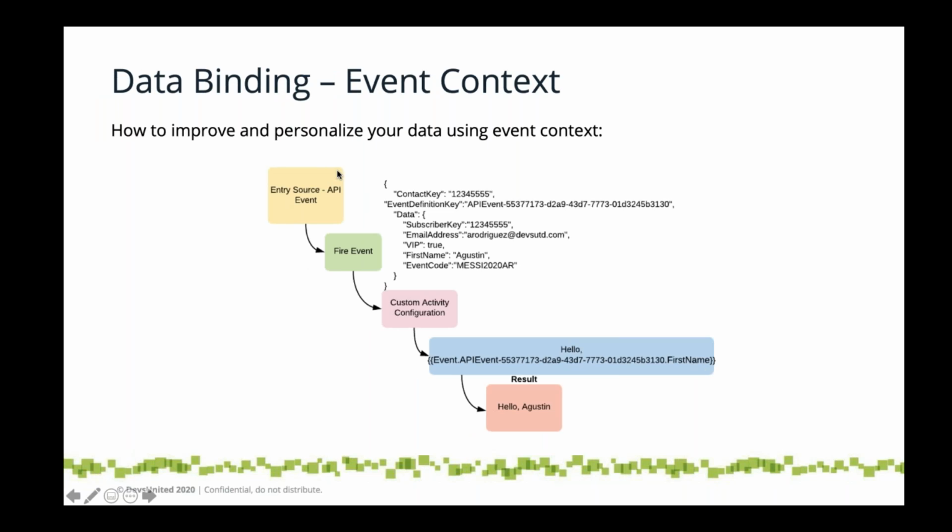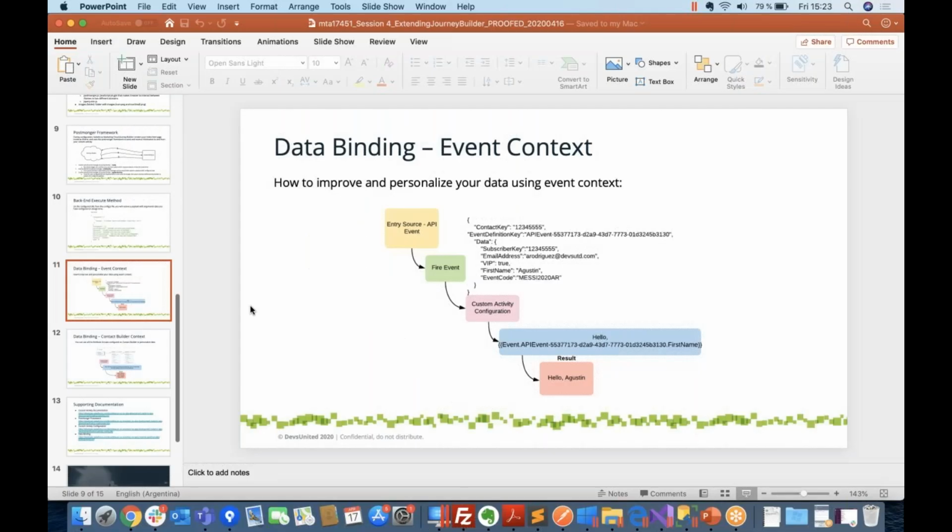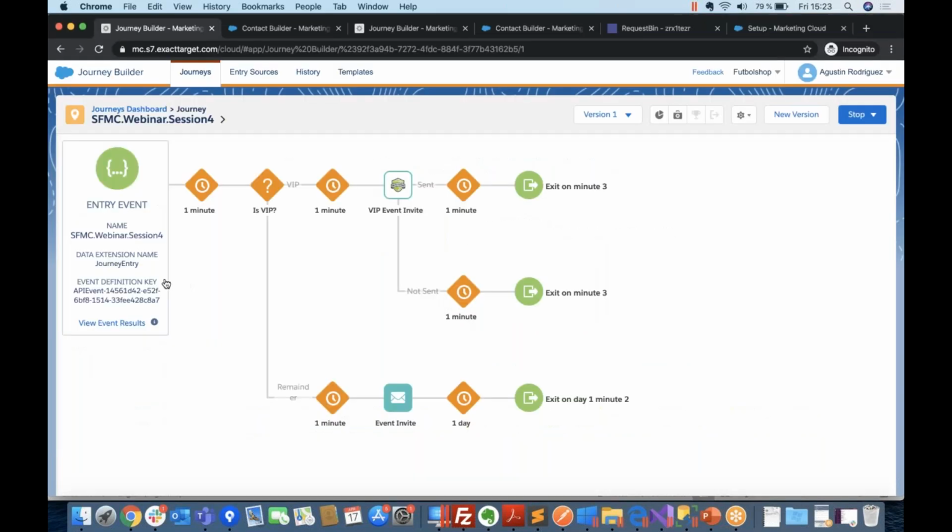Suppose that we have a journey where the entry source is an API event. That API event is tied to a data extension. And when we create the entry event with this type, Marketing Cloud assigns an event definition key.